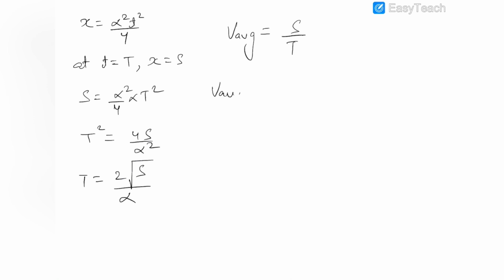So v average would be equal to s upon 2 root s by alpha. So it would be alpha root s by 2. So this is the average velocity in that time in which it would cover s distance.